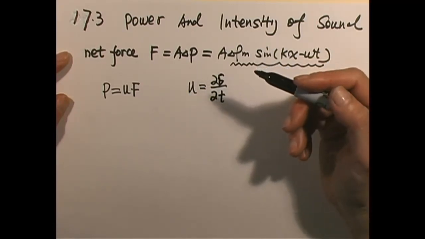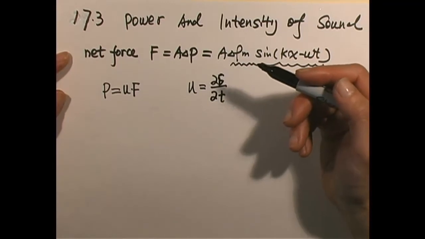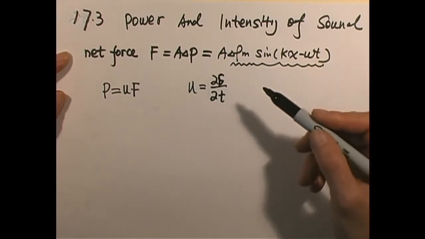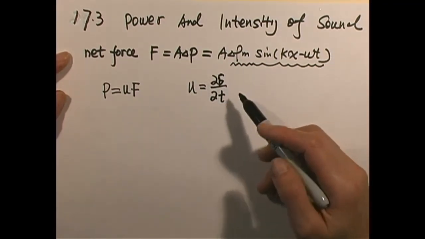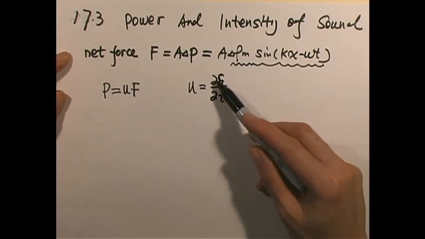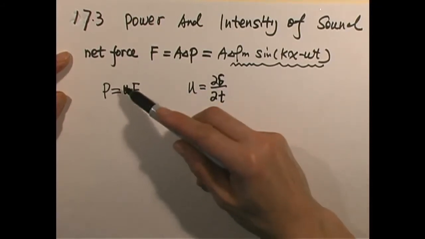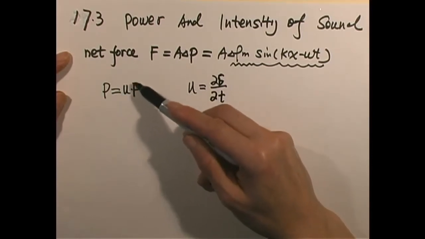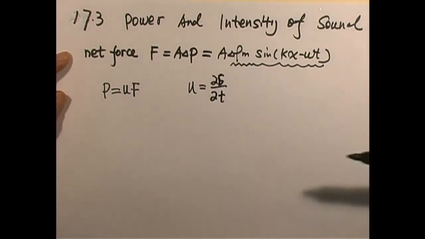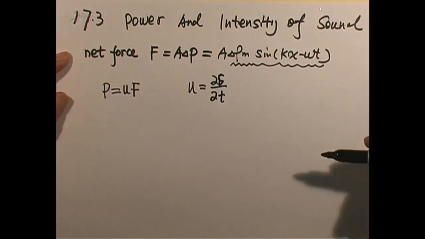That is different compared to the speed of sound. Physically this element has a displacement of partial s over partial t. This is how fast the element moves, times the net force on it. That is the power, as a matter of fact, delivered to this element.